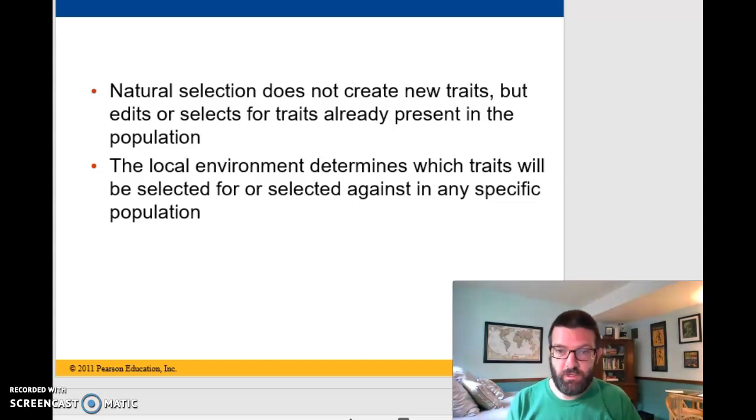You learned last semester about how your body makes a great attempt at avoiding errors in copying of your DNA, but you copy your DNA a lot. And so errors do pop up, and very often they are harmful. Very often they have no impact whatsoever, but occasionally they can be beneficial. Again, beneficial or harmful often depends on the context. It depends on which environment you happen to be in.